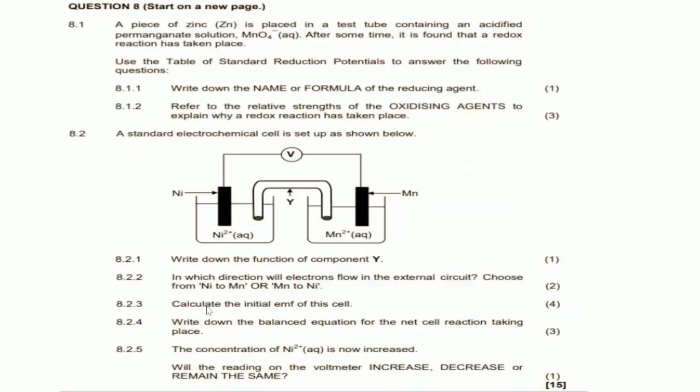Then 8.2.3 says calculate the initial EMF of the cell, for 4 marks. To calculate the E cell, once again, E cell is equal to E cathode minus E anode. What is our cathode? We said it is the nickel, which is negative 0.27.